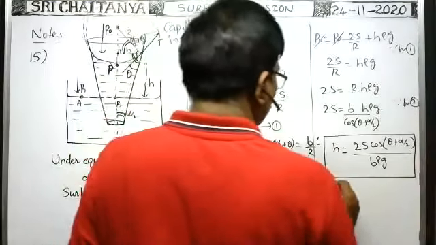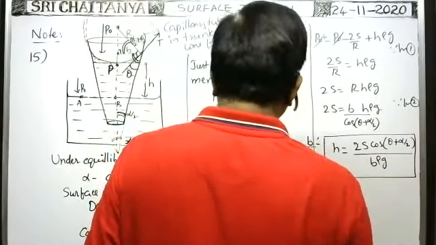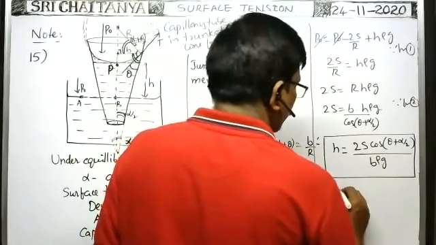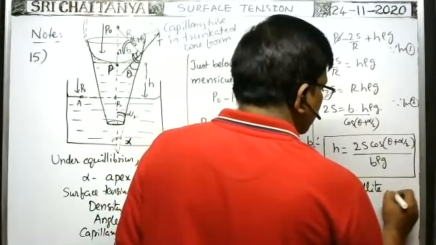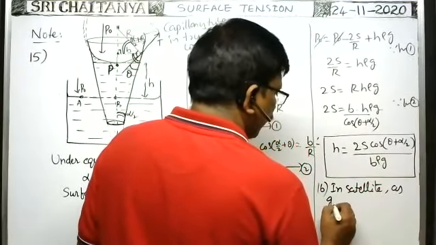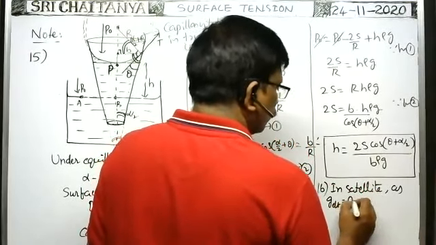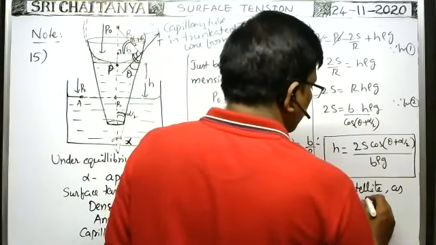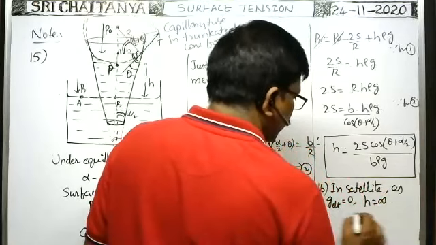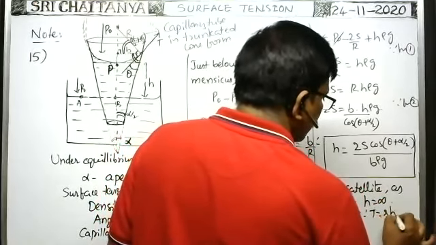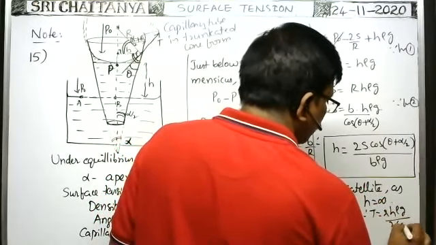So the 16th one, in the satellite, as g effective is equal to 0, then H is equal to infinity, since T is equal to rhρg by 2 cos theta.